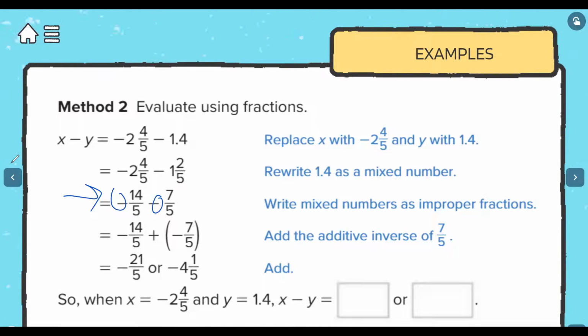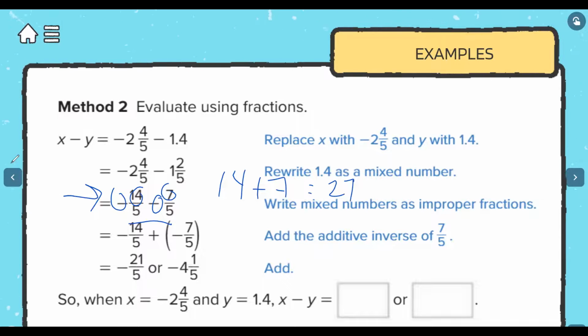So what we need to do is just add them up. Since both of them have the same denominator, I only add the numbers and leave the sign. So I add 14 plus 7, which is 21. So it will be negative 21/5, because both of them are negative.